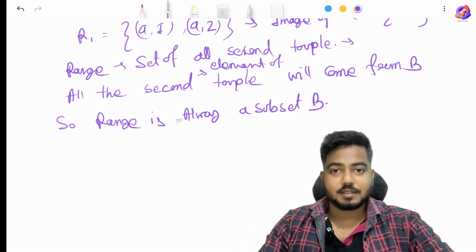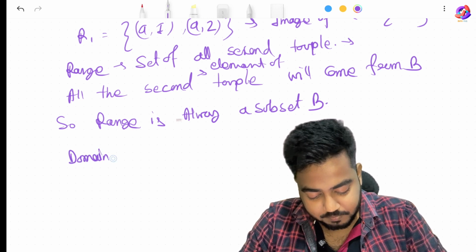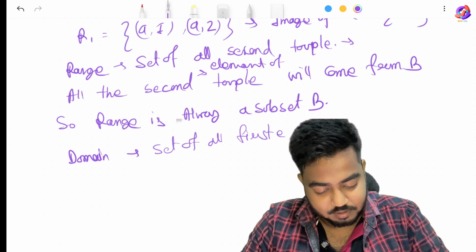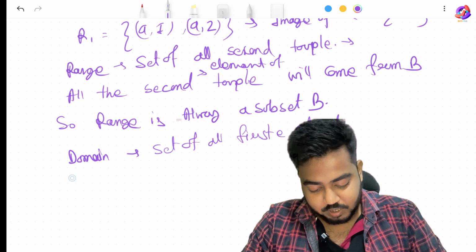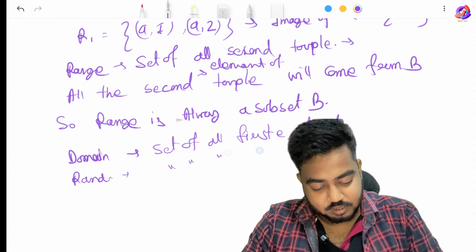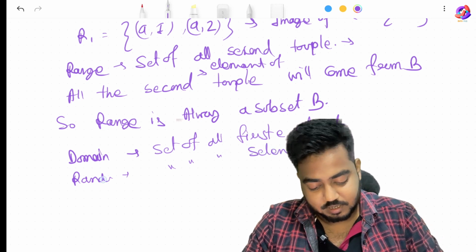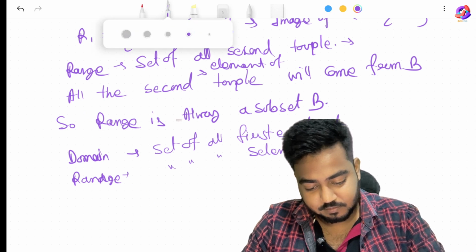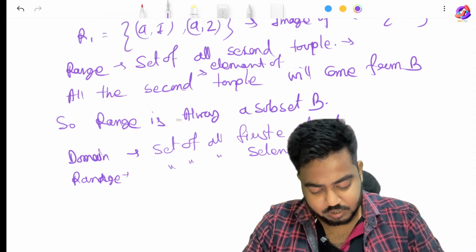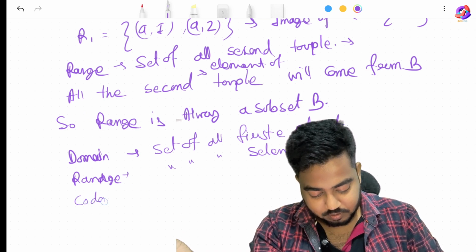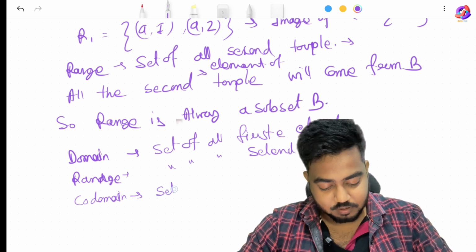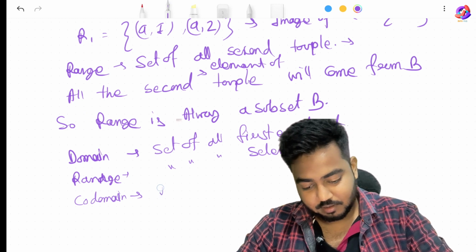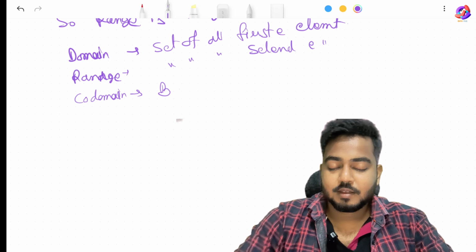So what have we learned here? We learned about the domain, which is the set of all first elements. The range is the set of all second elements. The codomain is simply B. Now we have one question.